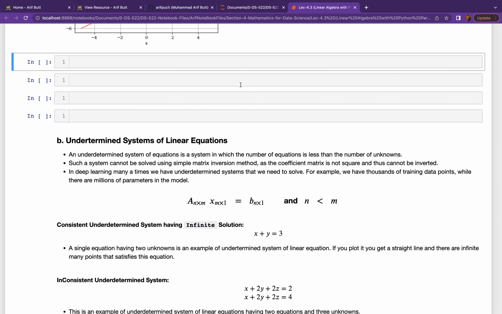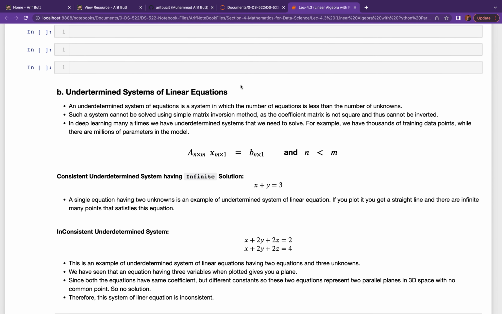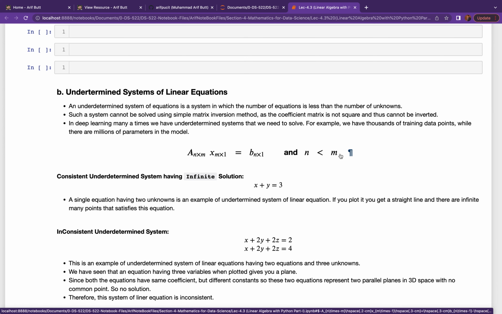Let's talk about the underdetermined system of linear equations as well. In this scenario, we have the number of equations n less than the number of unknowns m. In deep learning, many times we come across underdetermined systems where we have thousands of data points and millions of features in the model.